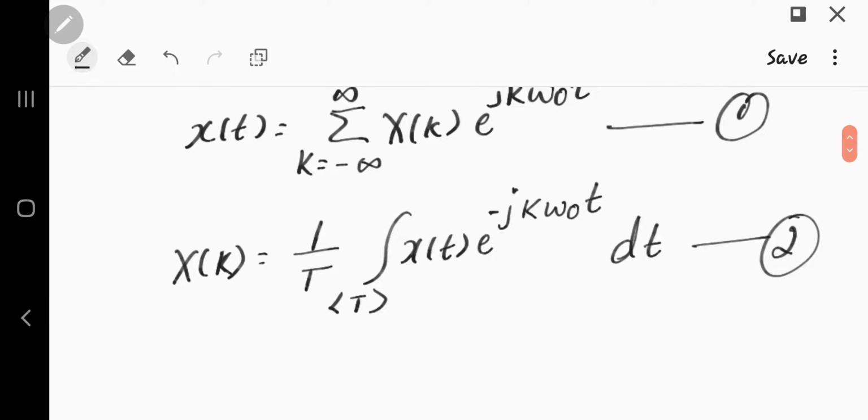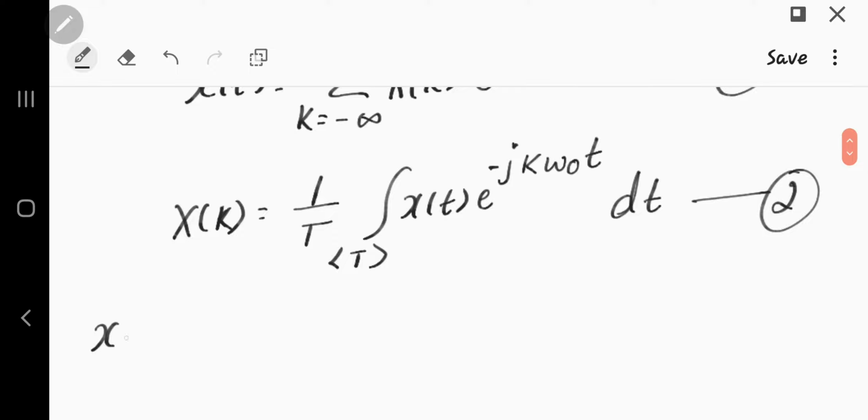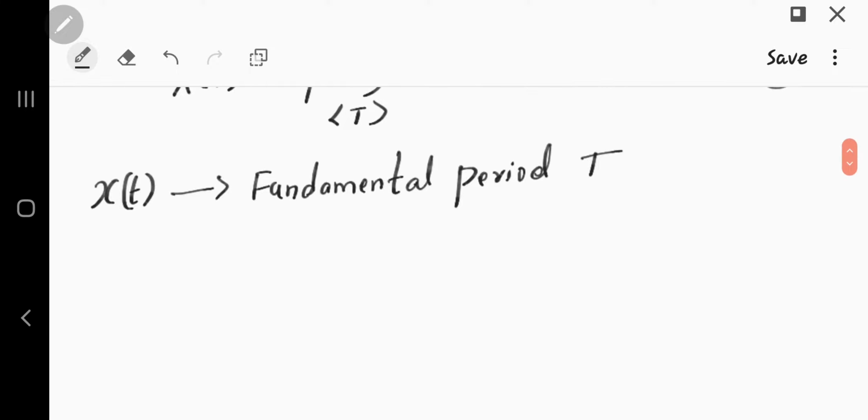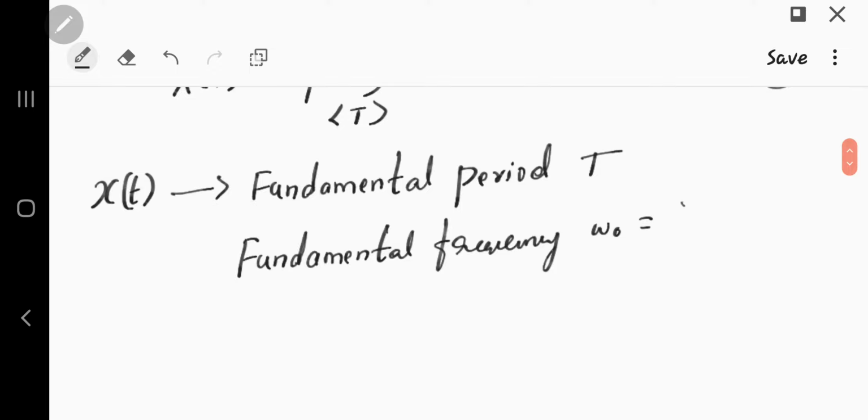Here the signal x of t is periodic with fundamental period T, and the fundamental frequency, or you can call this the angular frequency, is omega naught equal to 2 pi by T radians per second.